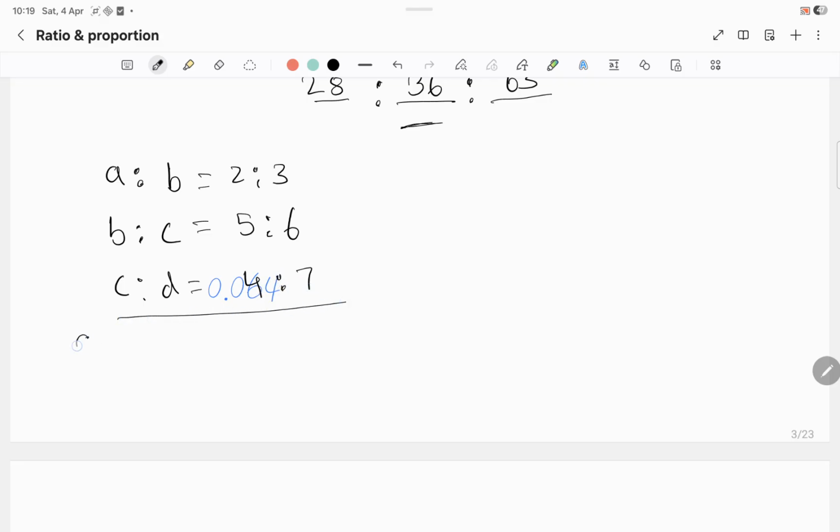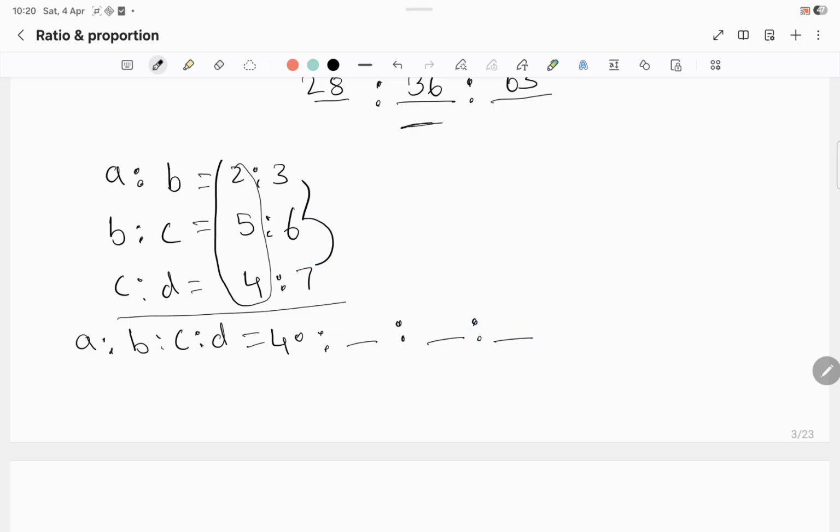Then A is to B is to C is to D is equal to what? First multiply the first terms: 2 into 5 into 4, 40. Then leave 2 spaces. The last one, 3 into 6 into 7: 7 6s 42, into 3, 126.